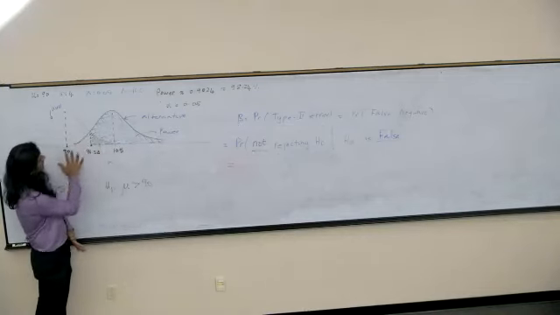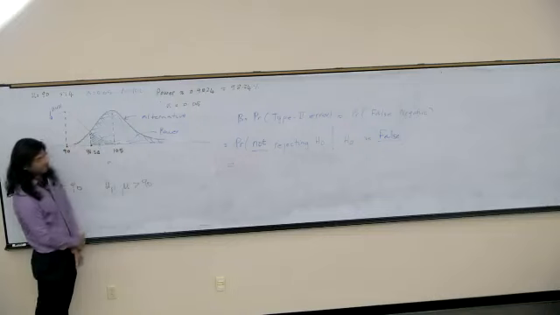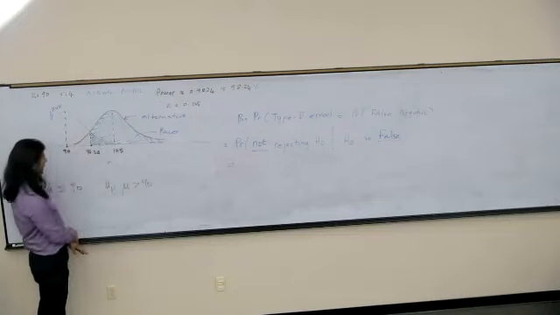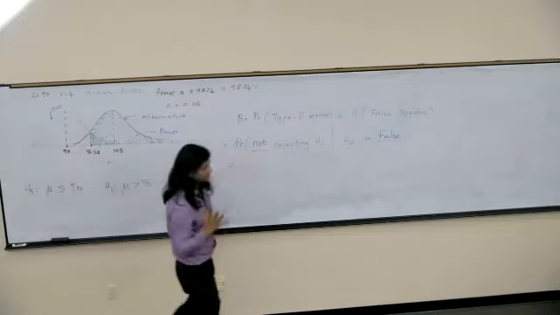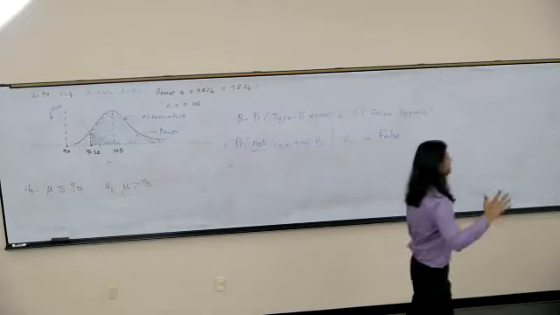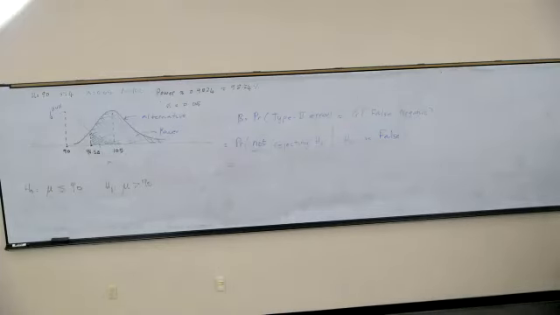So in using this picture, we have to come up with a value for beta. Again, beta is a probability, and it is the area under the curve. So any thoughts on how we would compute that value?